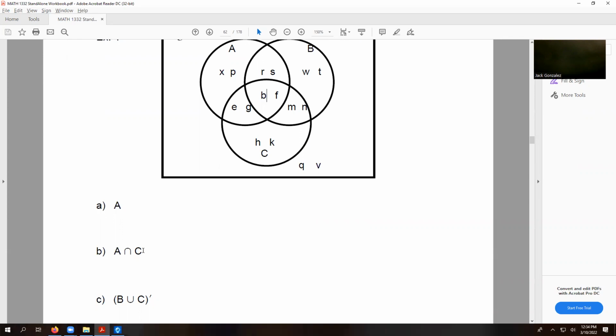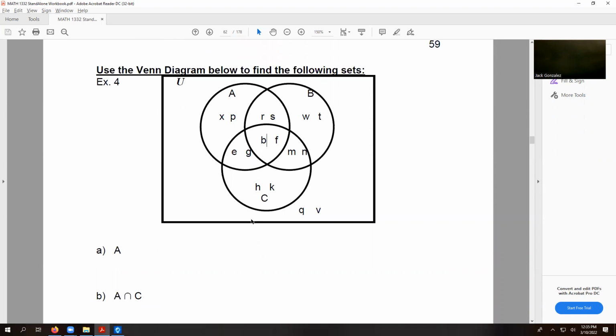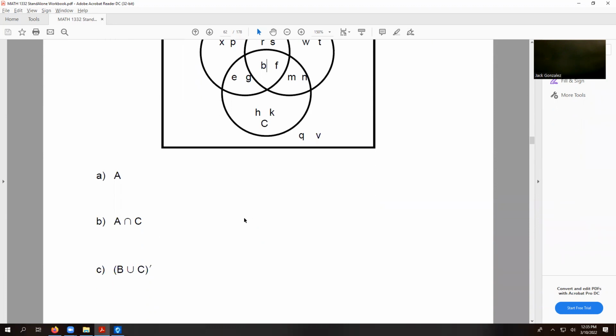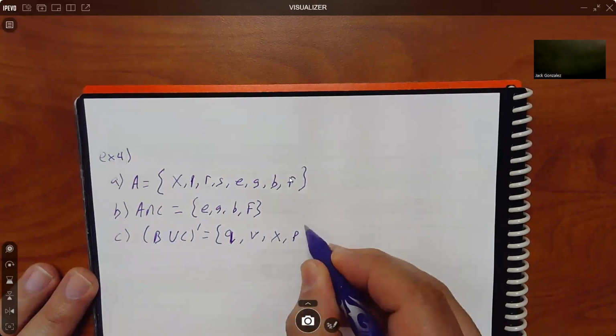For sure, Q, B. What else? X, P. E, G is inside C, so I think that'll be X, P and Q. That's it, so just make a little set.